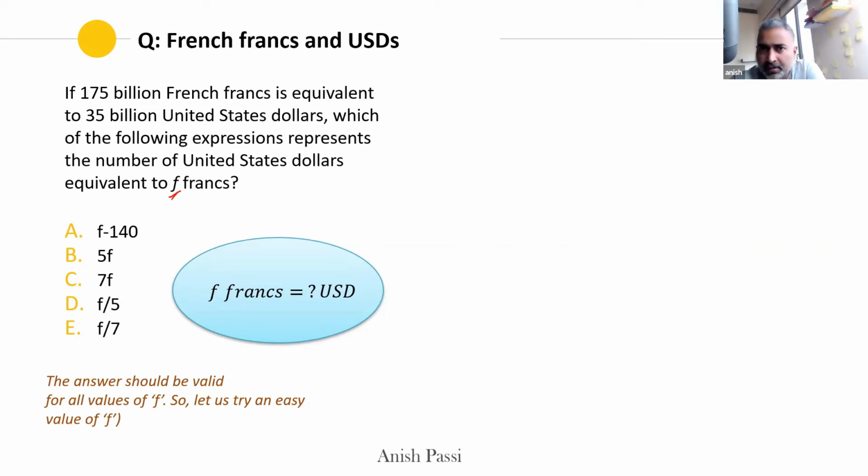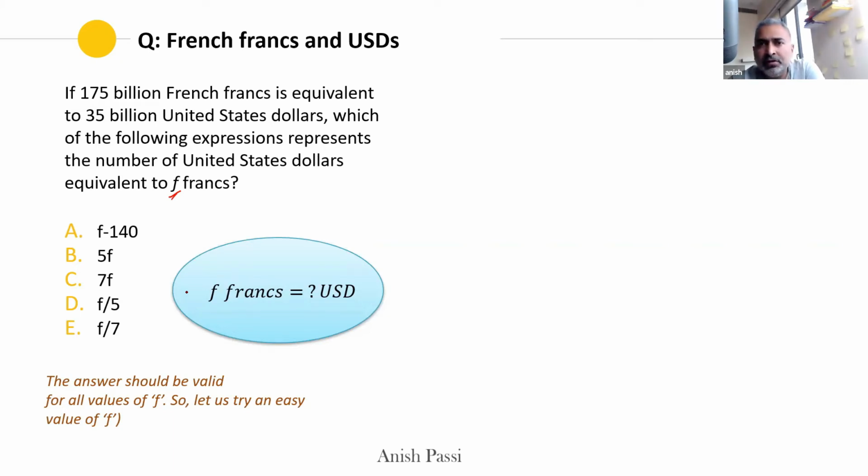No. No matter how many francs I give, I'll get back that number divided by 5 in US dollars. That result will always remain the same. That result will not change depending on how many francs I'm giving. So what the value of franc is will not change what the answer should be.